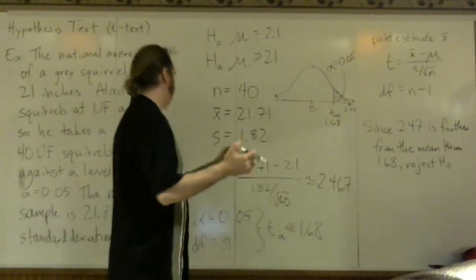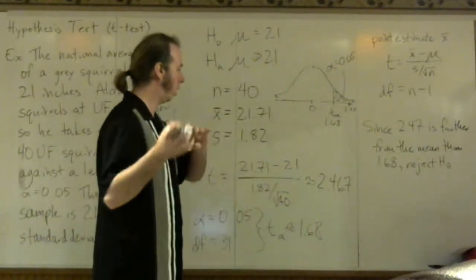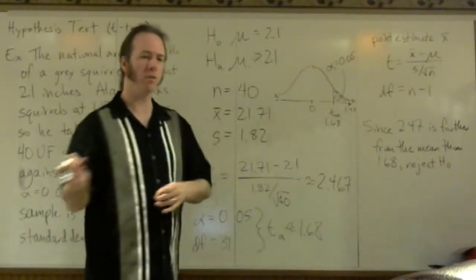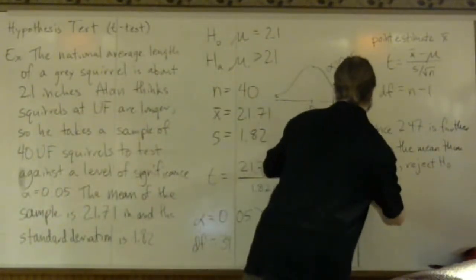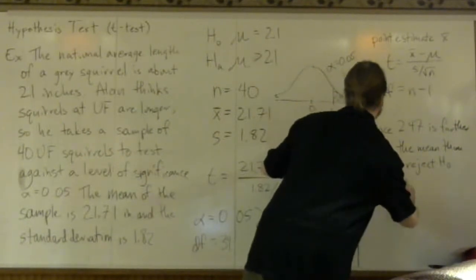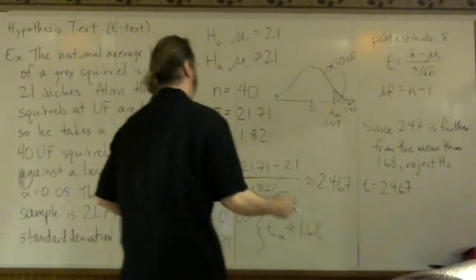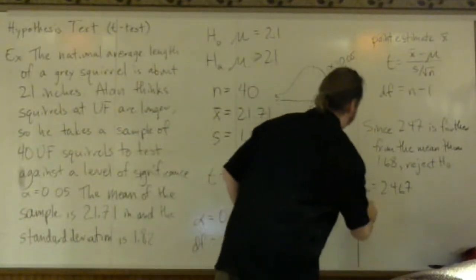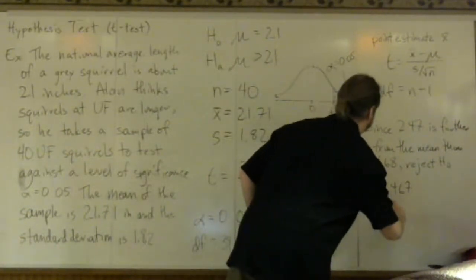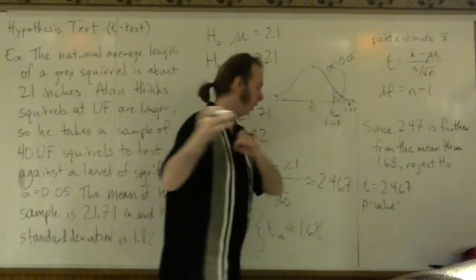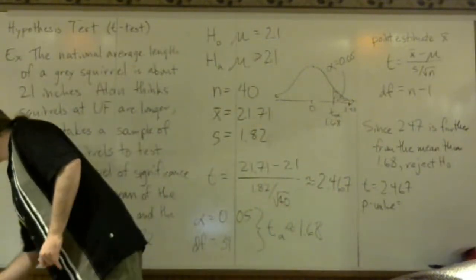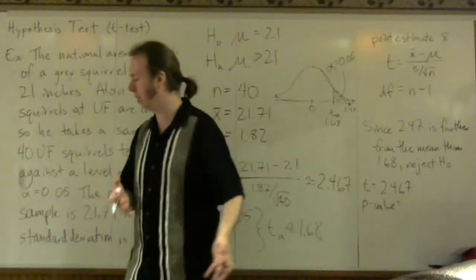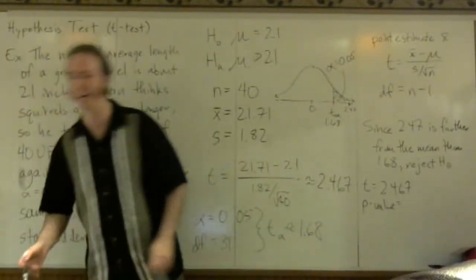The other method is to convert my t-value into a probability, and that's the p-value method. So if my t is 2.467, again, I can look at that chart and come up with some sort of estimate for my p-value. For this, I get a p-value of about 0.009.